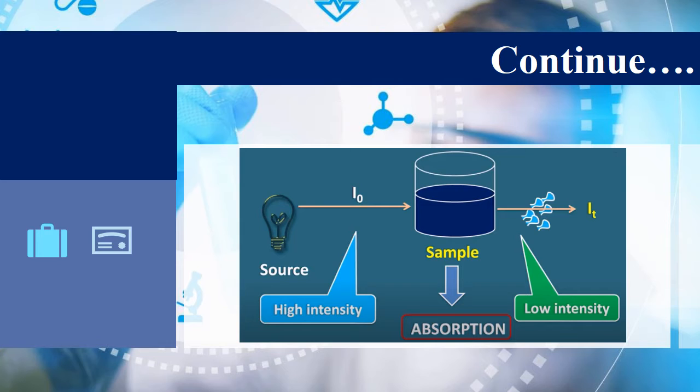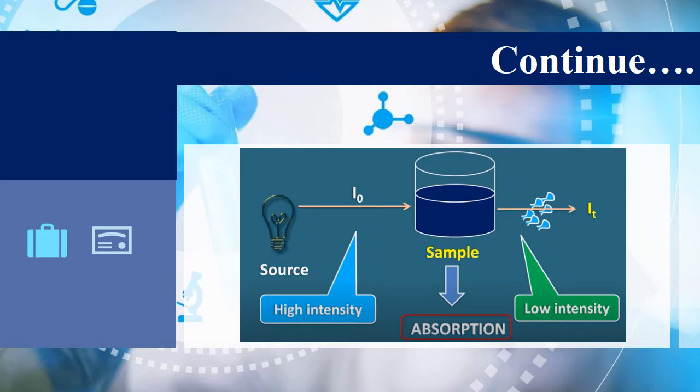So for example, we can use ultraviolet visible radiation as a source in order to identify the drug sample, and when we send the radiations from the source, the photons of this electromagnetic radiation can enter into the sample. Suppose we are going to send electromagnetic radiation with intensity of I0, then the sample can absorb a few of these electromagnetic radiations because the sample contains the drug substance.